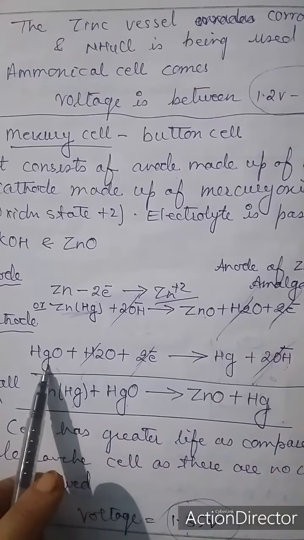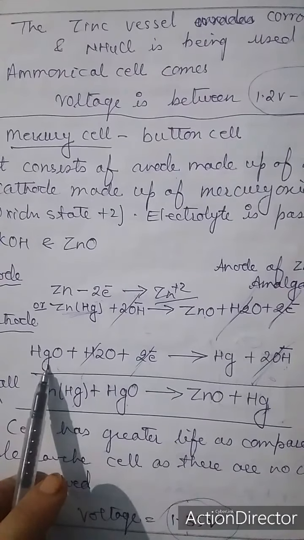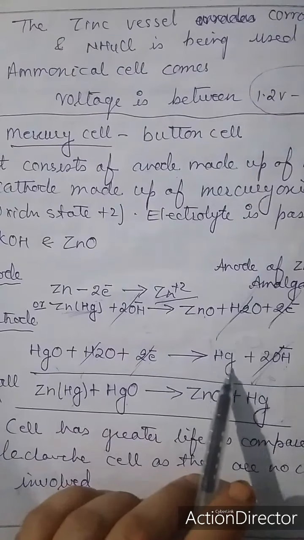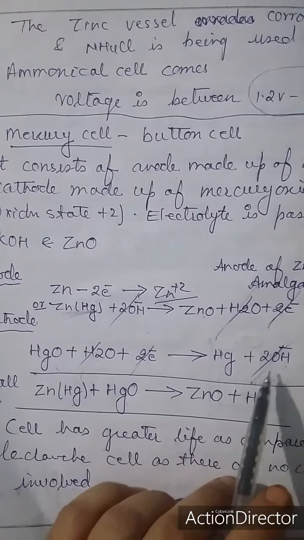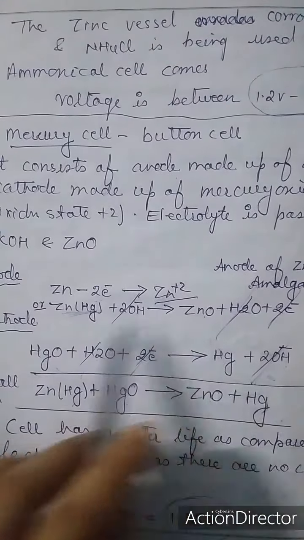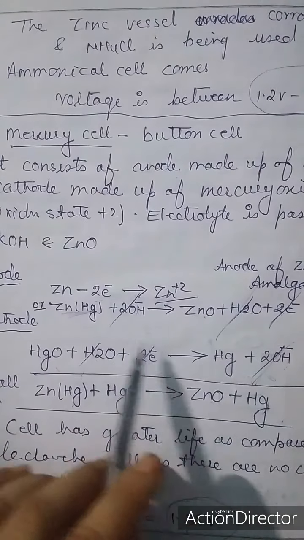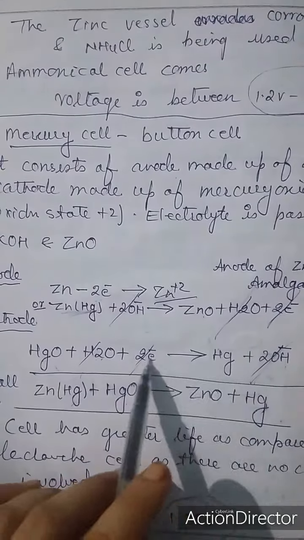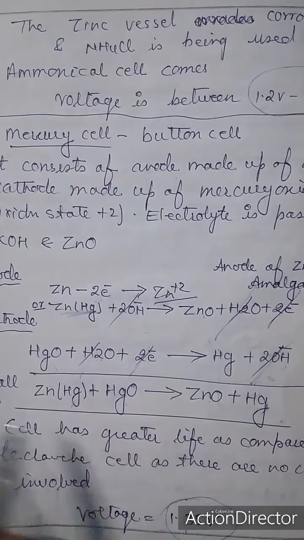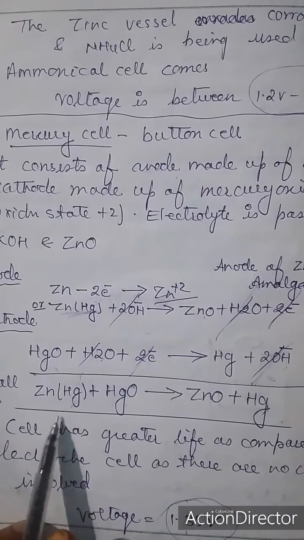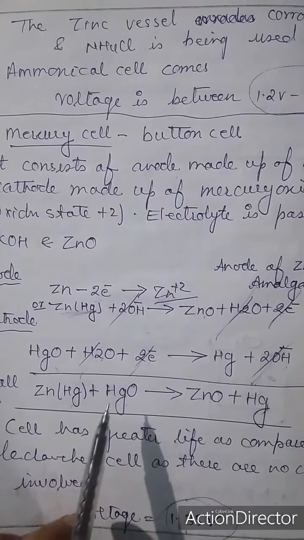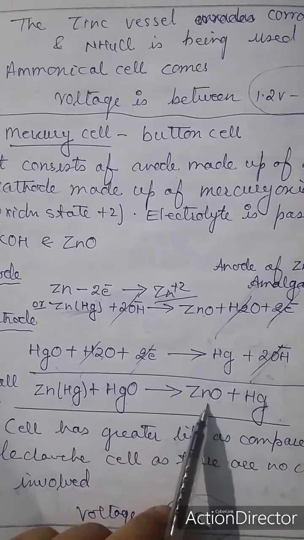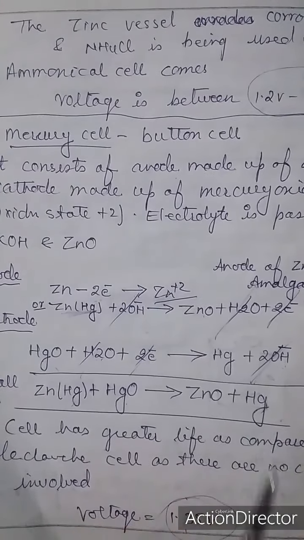At cathode there will be reduction in which mercury oxide in presence of water will get converted into Hg and OH. Now when you see the overall reaction, whatever is cancelling, that you will cancel. Water is going, electron is going, OH is going. So overall reaction will be zinc mercury, HgO, giving ZnO plus Hg.